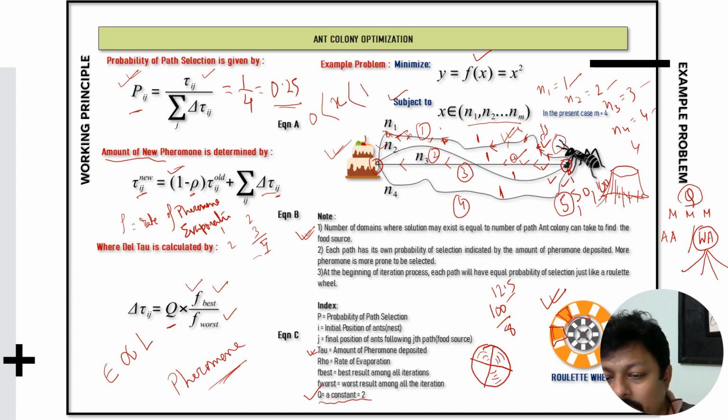That means the ball can fall into any one of these pockets during rotation. But in the second iteration, the probability of all the paths will not be the same. Some will be higher, some will be lower, and accordingly the packet size will also change.